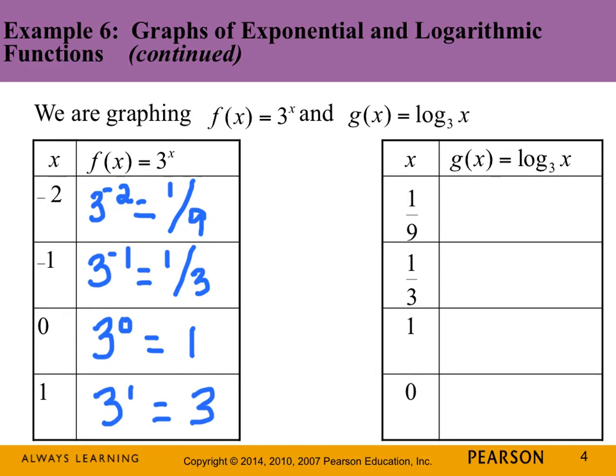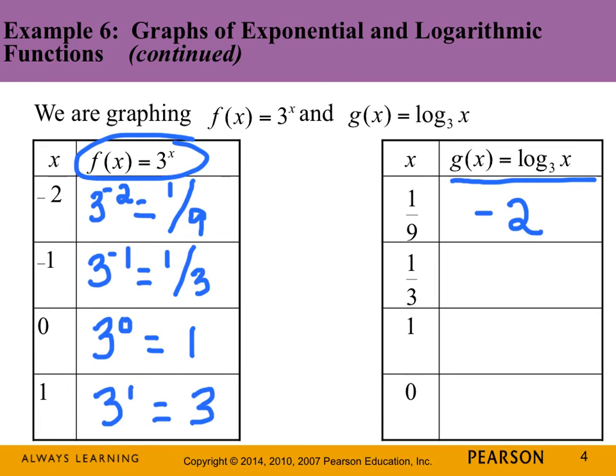Now earlier we said to graph g of x equals log base 3 of x, since it really is the inverse of f of x equals 3 to the x, we would just switch the x and y coordinates. That is another way to tell whether functions are inverses of each other. Are their x and y coordinates reversed? So we'll have 1/9, -2.